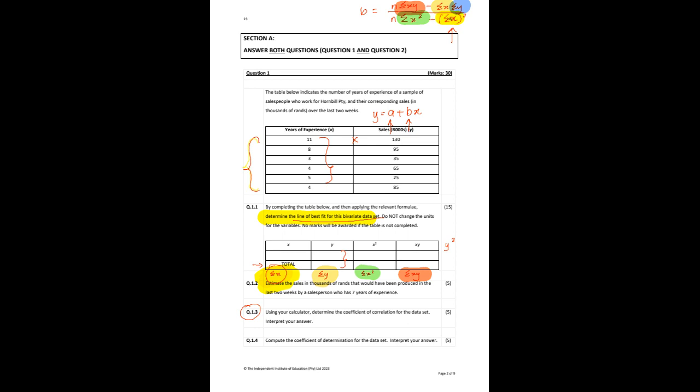So once you've done the table, completed the figures, filled in the values, calculated the sums at the bottom of it, you're using that information then to calculate the values that go into your line of best fit and then putting together that line of best fit as well.